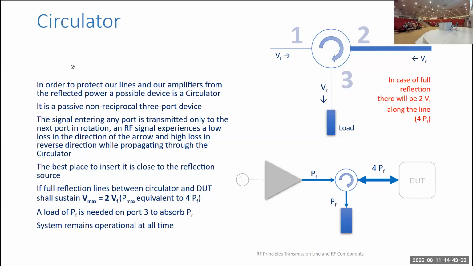And this circulator is very important for every RF source. It is placed at the start of the RF source amplifier. It is also placed if we have a distributed system where we are feeding more than one accelerating structure.